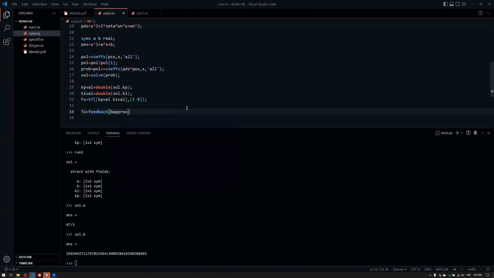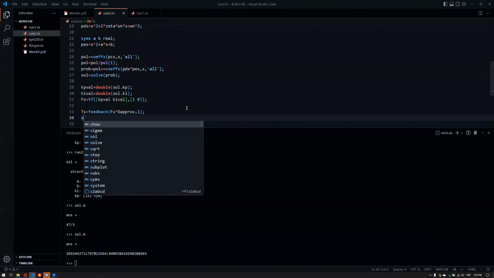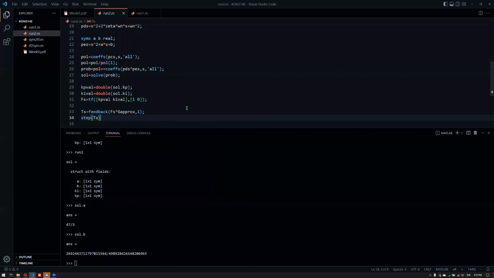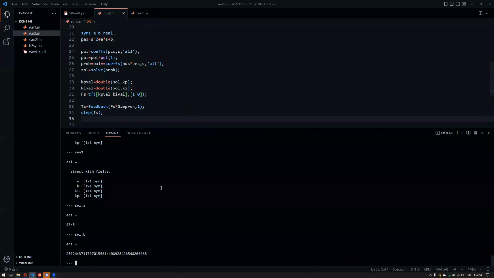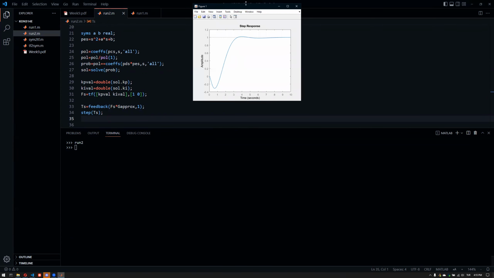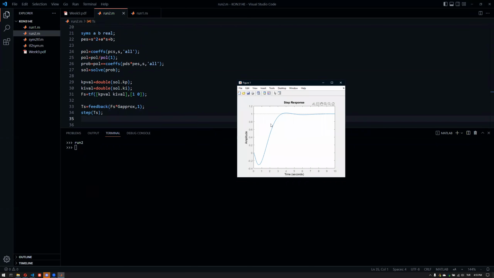G approx, and then we have Fs times G approx, comma 1, and then have a step response here, and see if it's working or not. So we have this step response here.